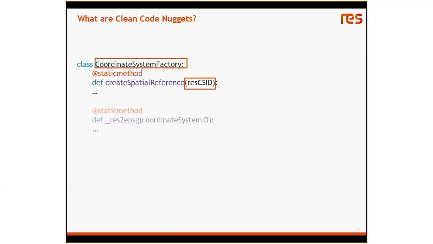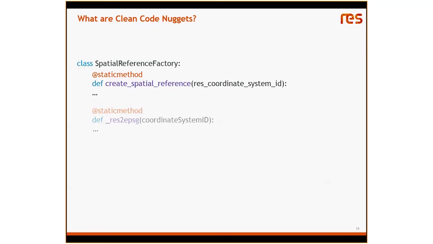This leaves us with only one publicly available function, which creates spatial references. So the class name is actually quite clear given this functionality, and we can rename it accordingly to a spatial reference factory. Looking at the public function, we can identify what the input parameter is there for and rename it and the function so its purpose is a bit clearer.